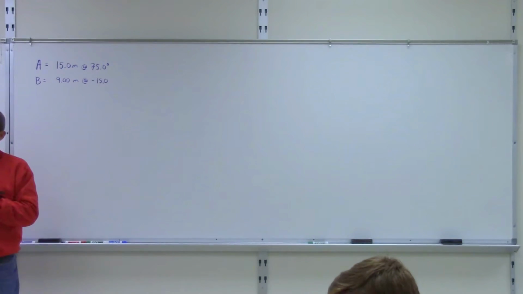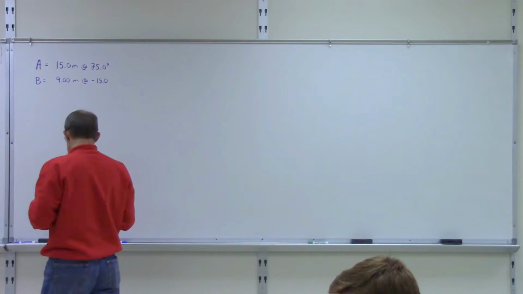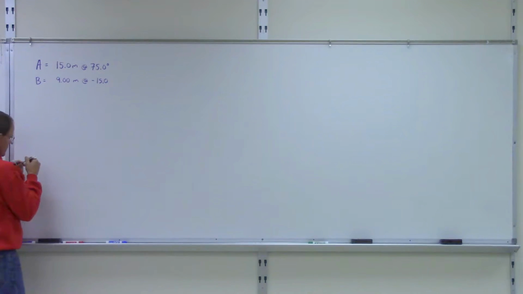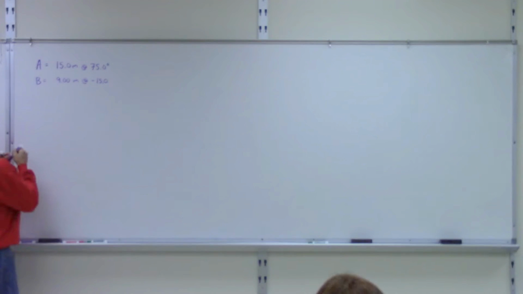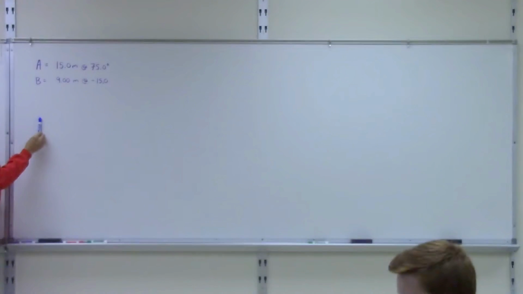All right, so we want to add these 2 vectors. So the first thing we're going to do is we're going to try to sketch a diagram, okay, of what's going on. So let's imagine we start right here. I'll use blue. I'm going to start right here. Now, if this direction is 0 and that direction is 90, which direction does A go?